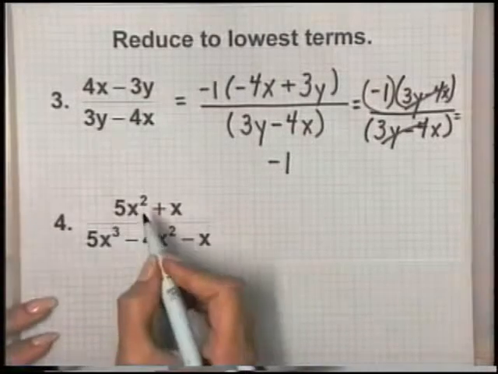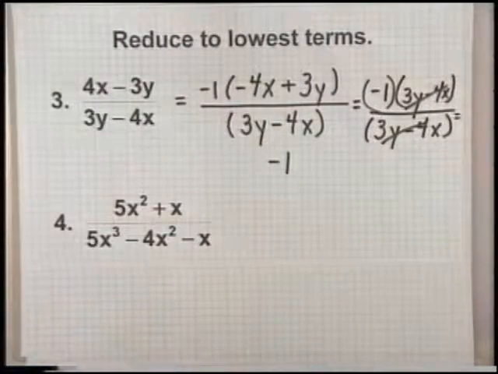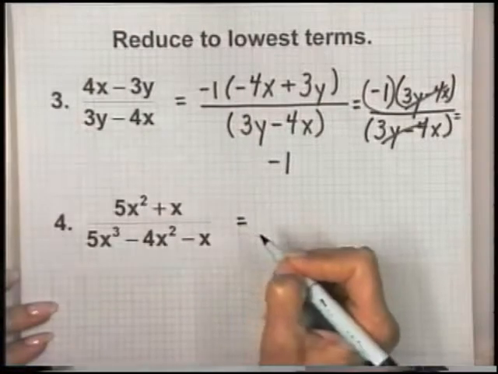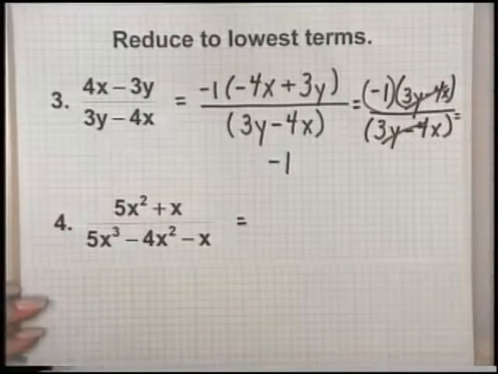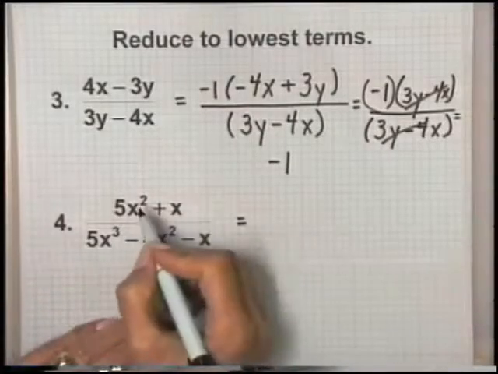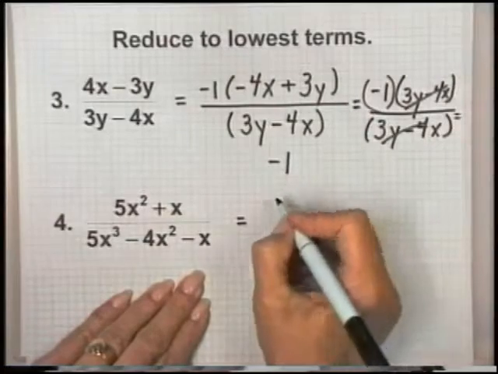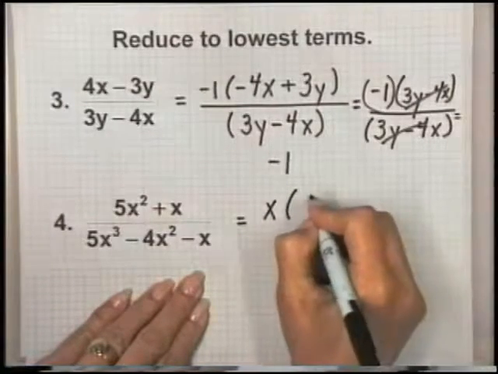Look at problem 4. I have a binomial in the numerator and a trinomial in the denominator. Well, I know that I need to factor the numerator and denominator and then divide out common factors. The common factor of the numerator is x. So let's factor the x out.